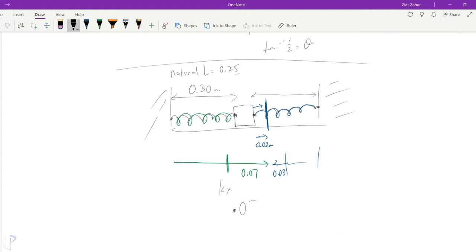So 0.07 times k, which is 700, minus 0.03 times 700 newtons per meter is the k constant. Now why did I do minus? Well, that's because the two springs are pulling in opposite directions. And that should be it. So the amount of force that you need to pull it to the right is equal to basically the difference in the two spring forces at that location.